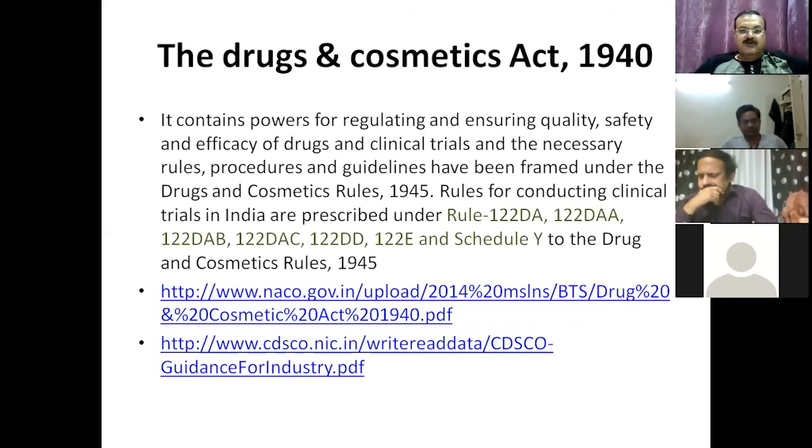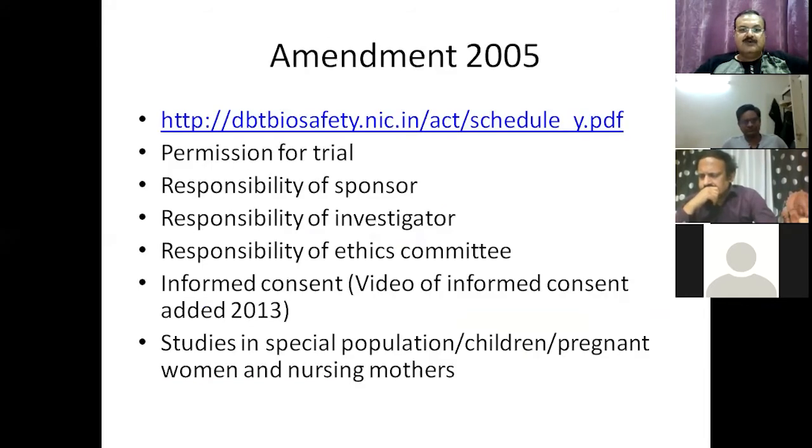I'm not going to go into the details, but I'll just tell you the amendments. The major amendment came in 2005, and this amendment basically included permission for trial. Before this, it was not required to take DCGI permission for a trial.